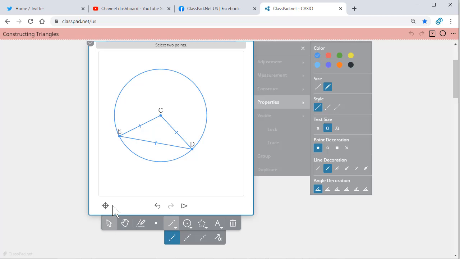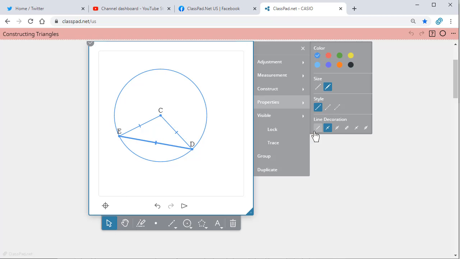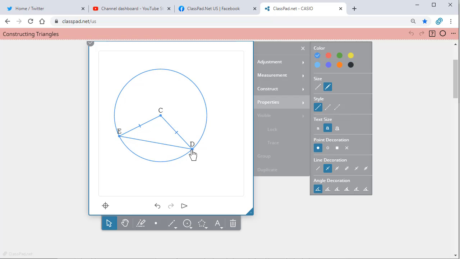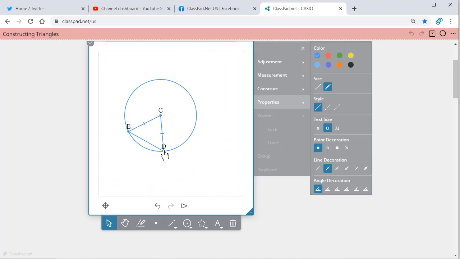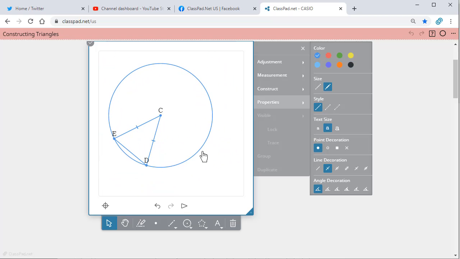And now I want to make sure that I turn that off, now I have an isosceles triangle. And it can be any isosceles triangle in this particular case because I can change the size, but because two of the sides are always the radii of the same circle, I always know this is isosceles. So that's the easiest construction, and it really is based on understanding about the radii in a circle being congruent.